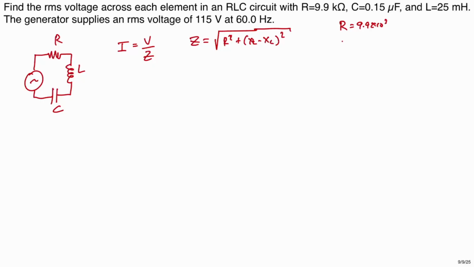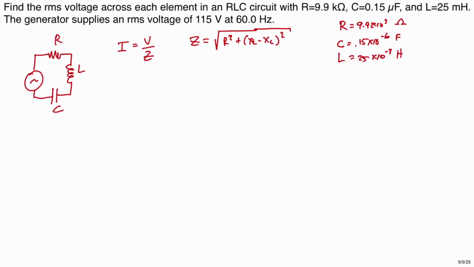Our capacitor, 0.15, and instead of micro, we write down times 10 to the minus 6, right? This is farads. For the inductor, 25 millihenries, times 10 to the minus 3 henries. It was named after a guy with the last name of Henry.